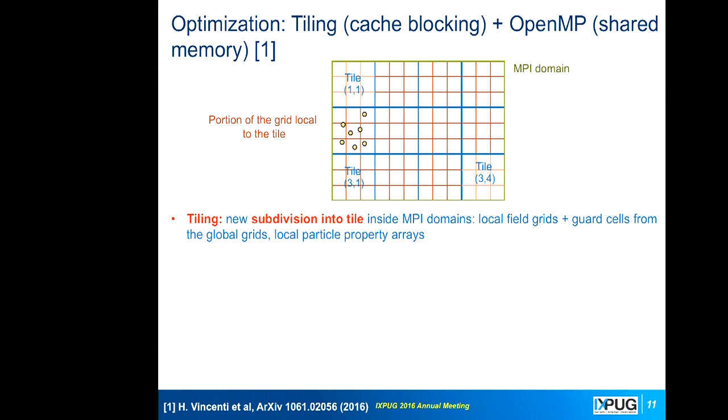It consists of dividing each MPI domain into sub-blocks called tiles. We can also call them patches or blocks; some other teams call them like this. And each tile has its own local grid and its own local property arrays.